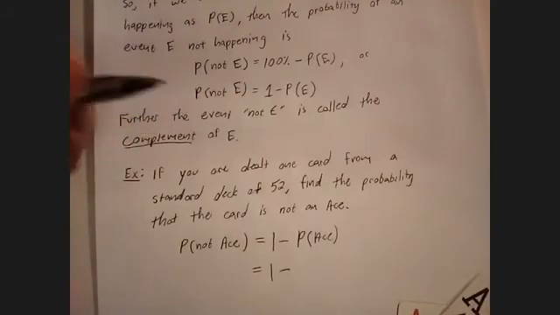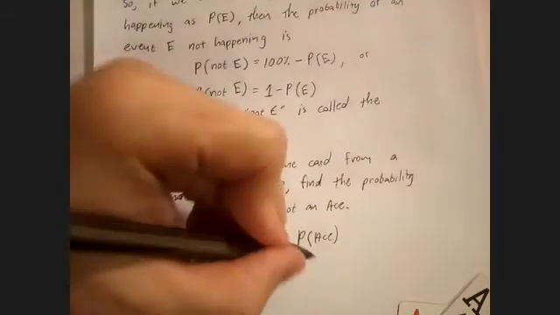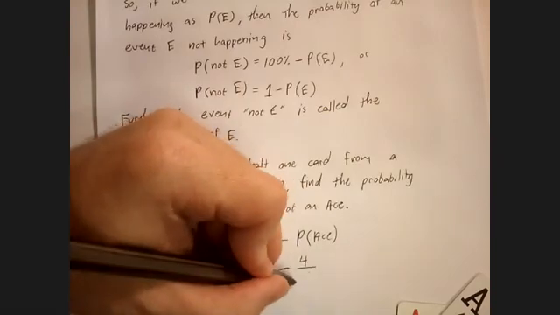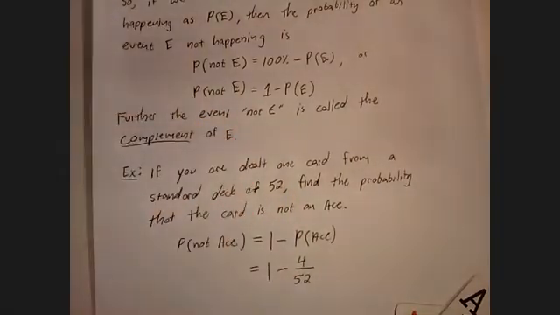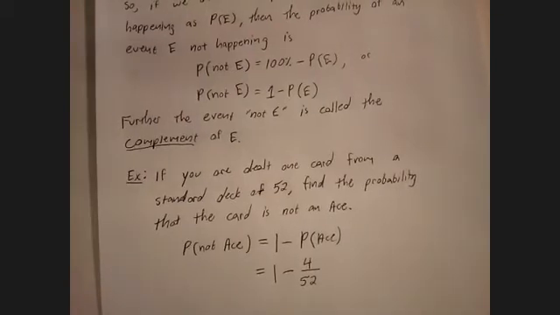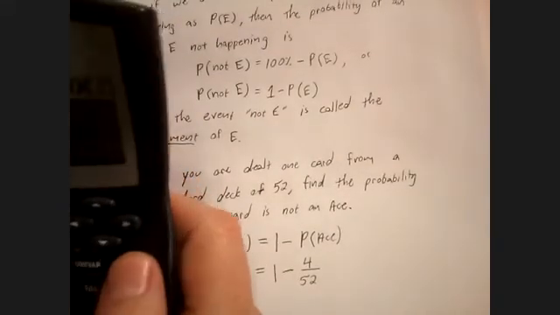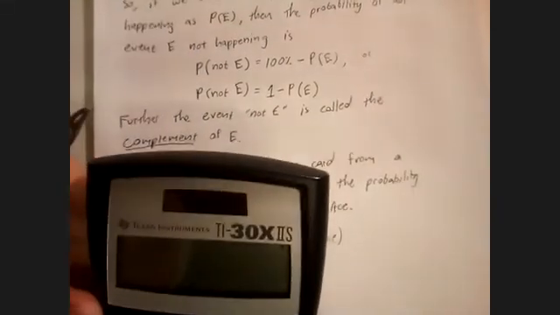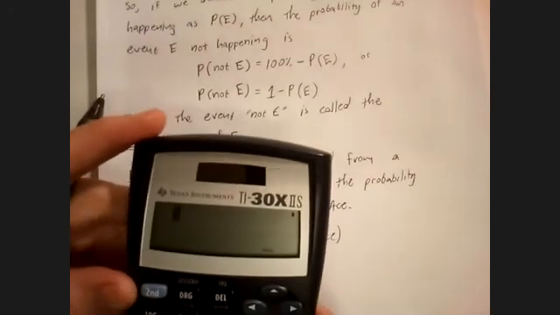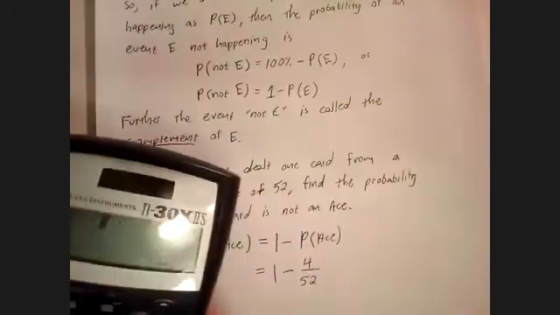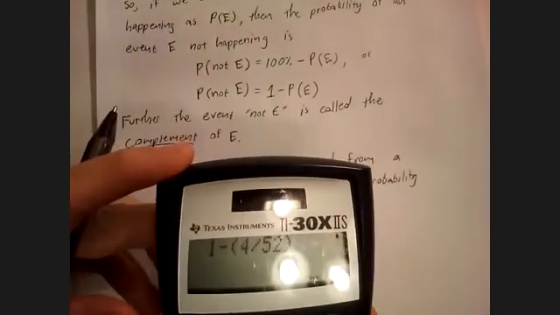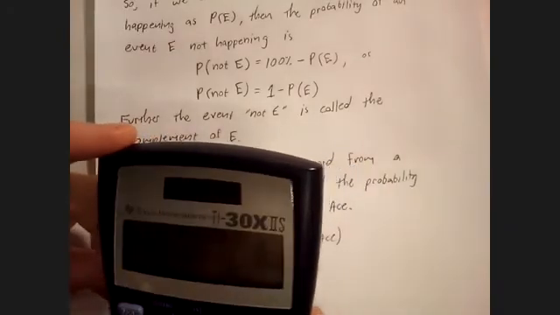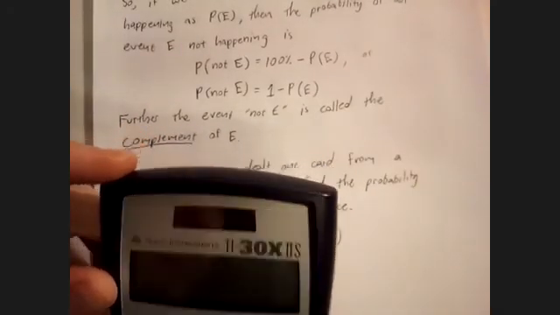So how do I find the probability of an ace? Well, there are 4 aces in the deck of 52. So this would be the easier way to go about it. Now I could type this in the calculator. I could do common denominators, so I'll do that in a second. 1 minus 4 divided by 52. I get a decimal, second PRB, and I get 12/13.